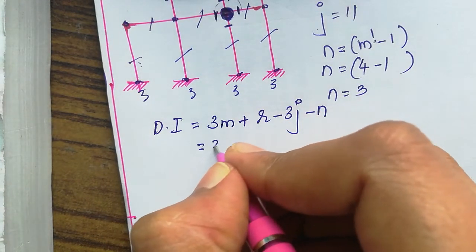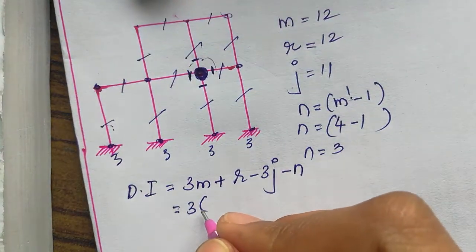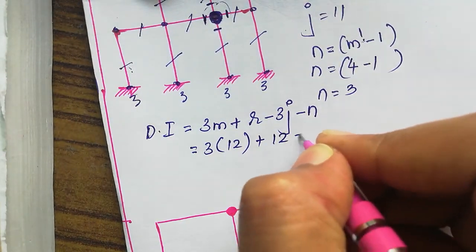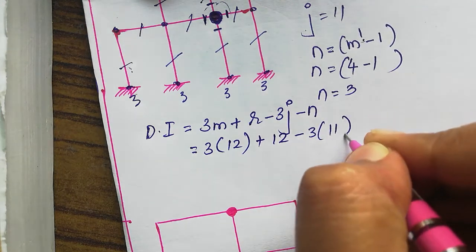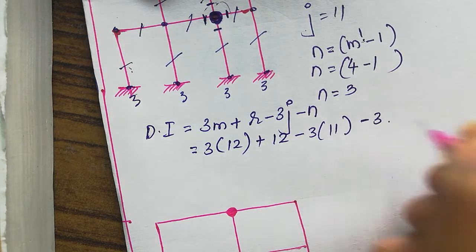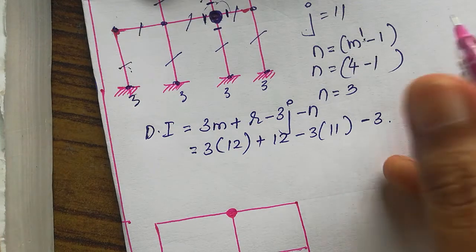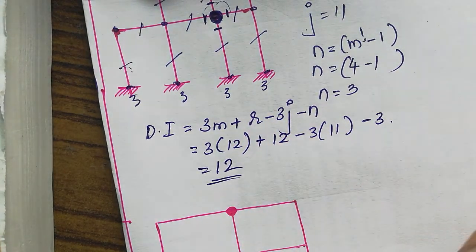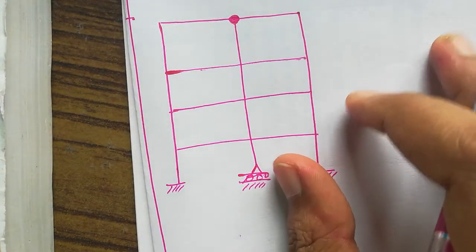So what will you get? 3 times m, which is 12, plus r, which is 12, minus 3j minus n. So you will get the degree of indeterminacy as 12 for this problem.